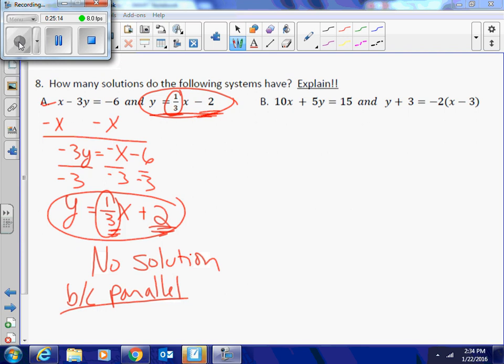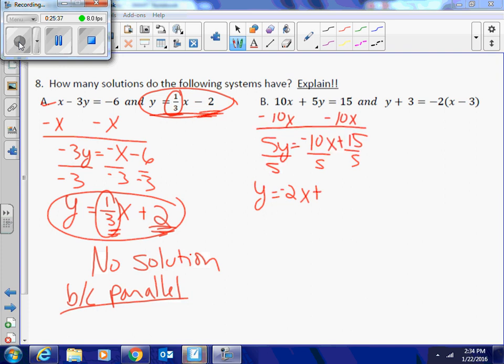Okay, on part B, let's again get these into slope-intercept. On the first equation, I would subtract 10x from both sides, and I get 5y equals negative 10x plus 15. Divide every term through by 5, and I've got y is equal to negative 2x plus 3.